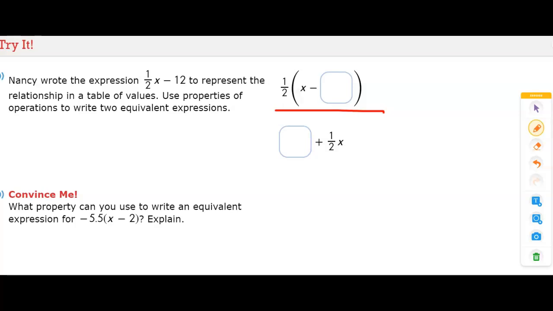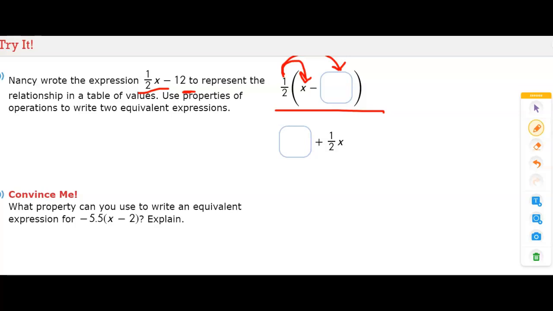So we think to ourselves, 1/2 times x equals 1/2 times x, because we use it this way, and then 1/2 times what number is going to be equal to 12.